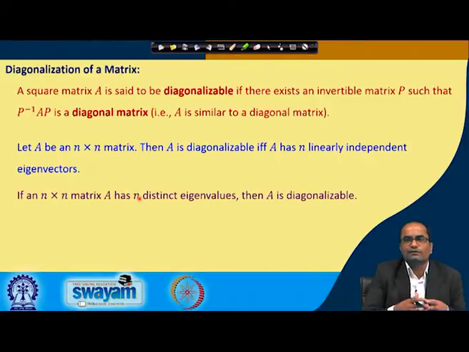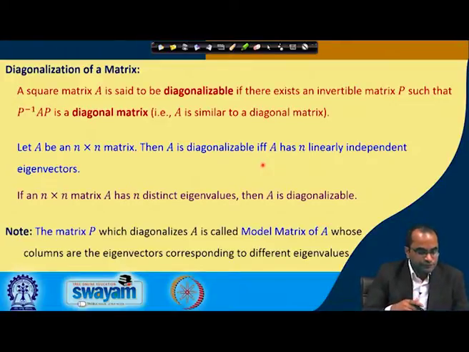That is a result we have already seen in the previous lecture, that corresponding to distinct eigenvalues we have linearly independent eigenvectors. So, eventually this second result is the same as the previous one: A is diagonalizable if and only if it has n linearly independent eigenvectors.